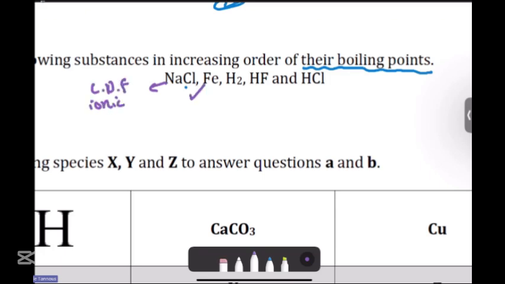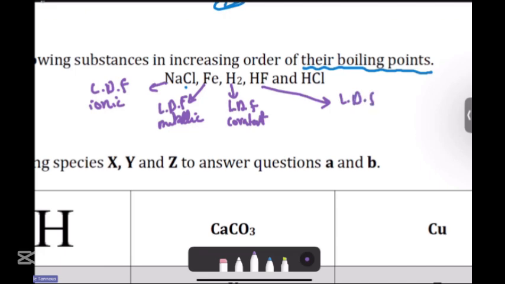Keep that in mind. This is LDF, and this is a metallic compound. This is a non-polar molecule, covalent. This one, LDF, it's polar, and no hydrogen bond because it's covalent. And this one, London dispersion forces and dipole-dipole.